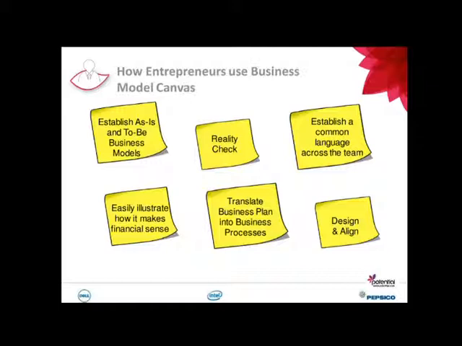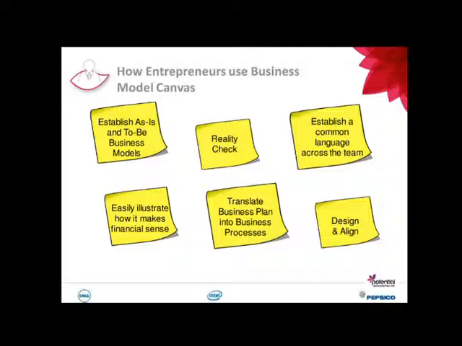It can easily illustrate how it makes financial sense, of course, because you have your revenue streams and you have your cost structure, and then you can make a comparison between both and see whether you are actually making profit or you are going to make a profit in the longer run. It translates the business plan into business processes, because the business plan is all about ideas. It's an executive presentation of things, okay?